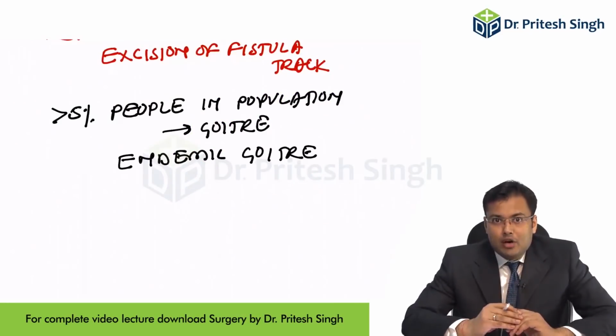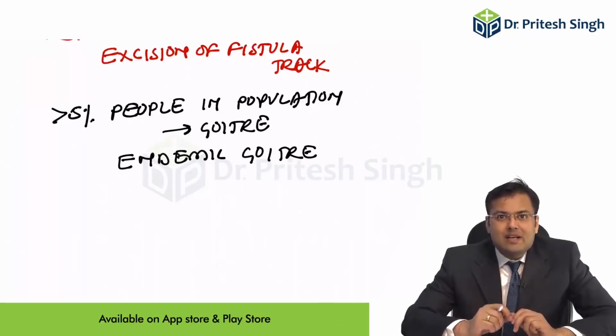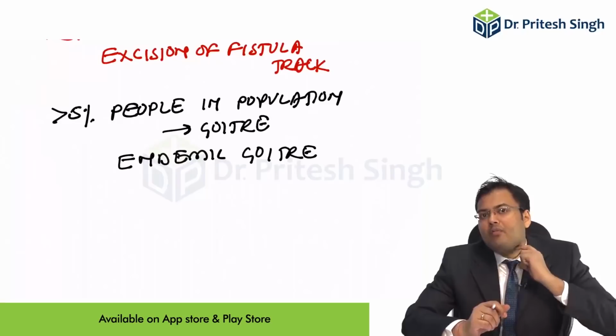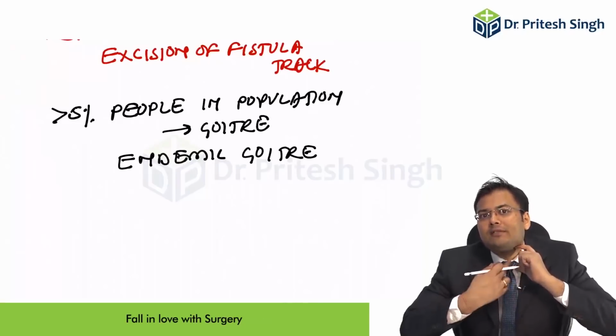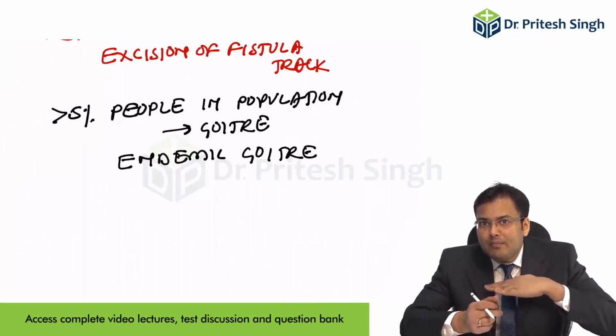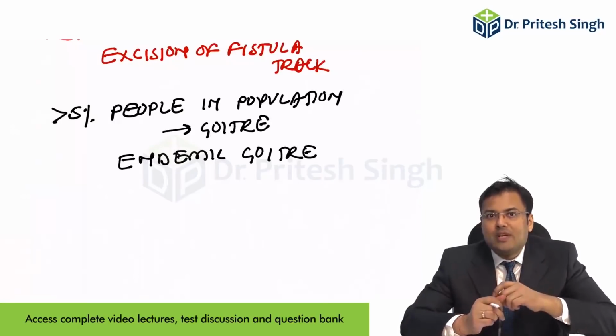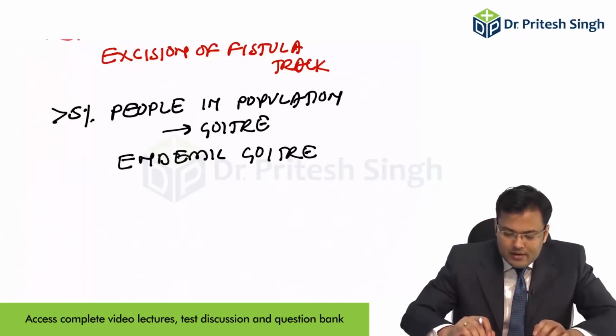Retrosternal goiter, also known as substernal goiter, also known as mediastinal goiter. So whenever more than 50% of the thyroid gland is located below the neck, that is known as retrosternal goiter.